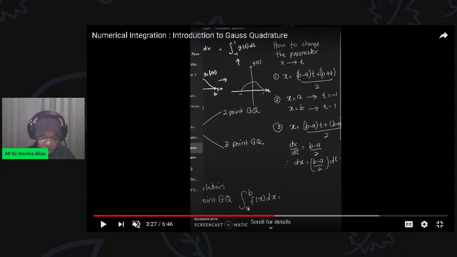Go to page 6.2, where there are two methods, 2-point Gauss quadrature and 3-point Gauss quadrature. It comes from the way you do calculus, integral using calculus for the symmetric domain. Please remember.